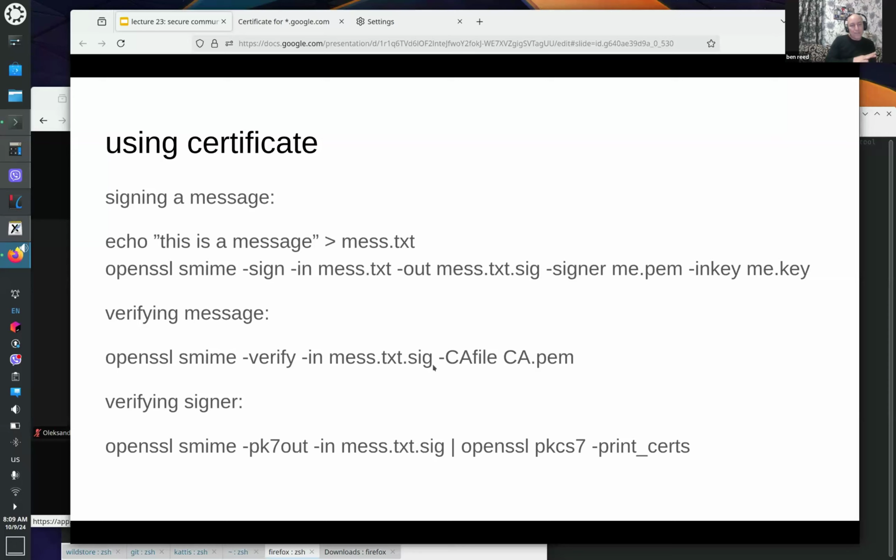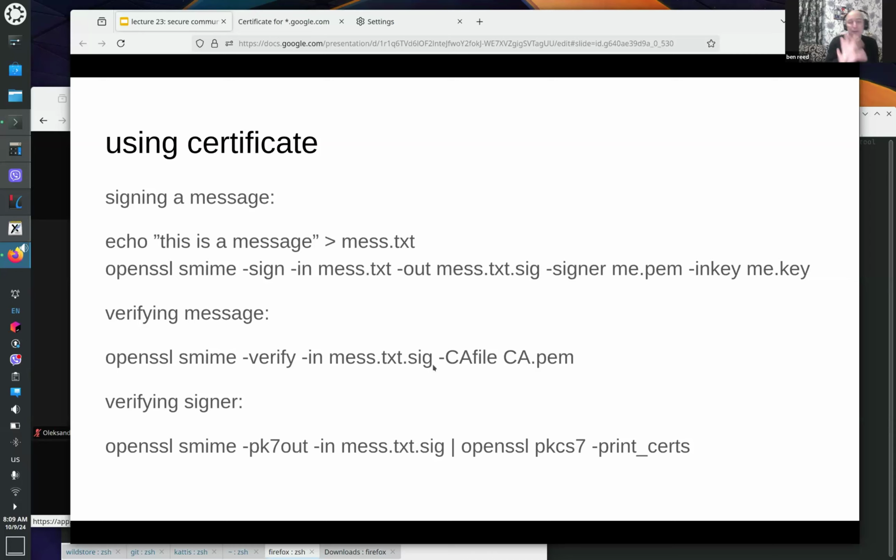And then the students would get bonus points if they were able to fool the CA into signing a certificate that belonged to somebody else, or if the CA was able to convince the requester to give them their private key, because the private key should never come off the machine.